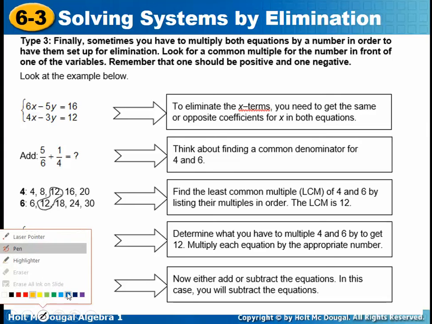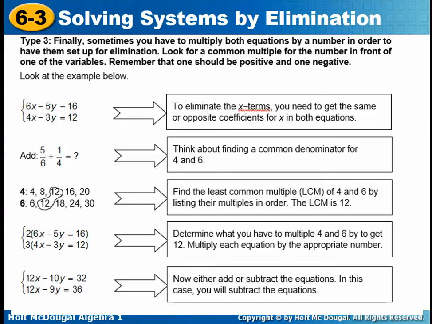However, I could multiply 4 and 6. I could multiply the top equation by 4 and the bottom one by 6, and then I'd have 24x and 24x. So that's almost what I want to do, but I also want one of them to be negative. Also, it might be easier if I find the lowest common multiple rather than just 4 times 6. Both of these numbers would go into 12.